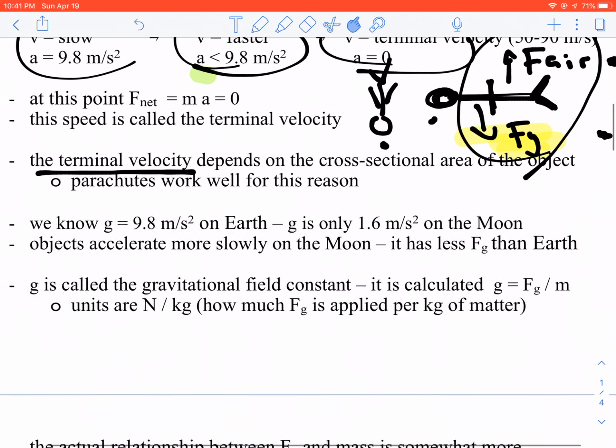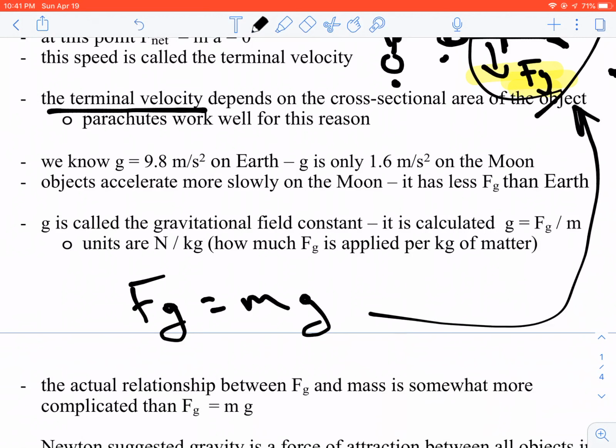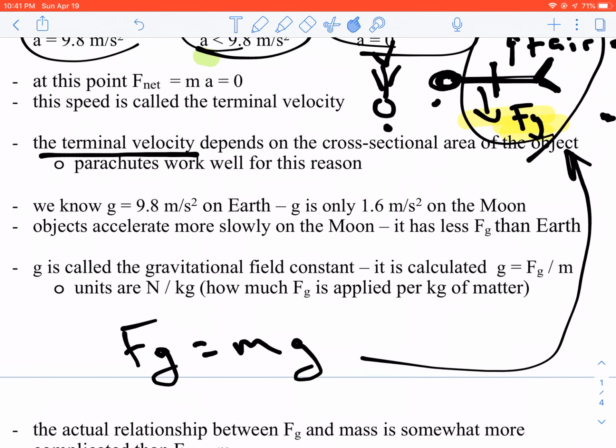Okay, so what we know is that if we're here on Earth, basically everywhere on Earth, the g value is 9.8 meters per second squared. Remember, Fg equals mg. So if I want to calculate the magnitude of gravitational force pulling down on that skydiver, how much is Fg?